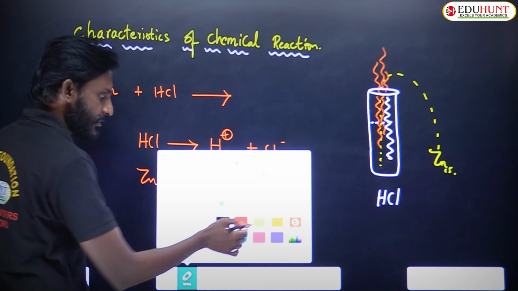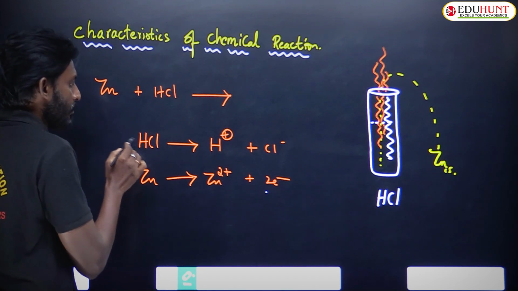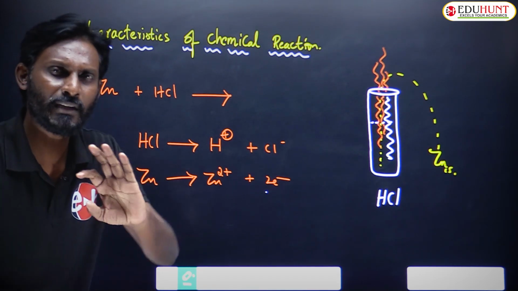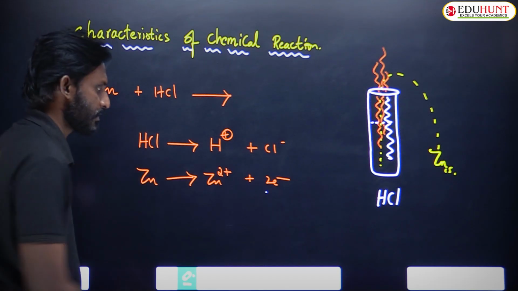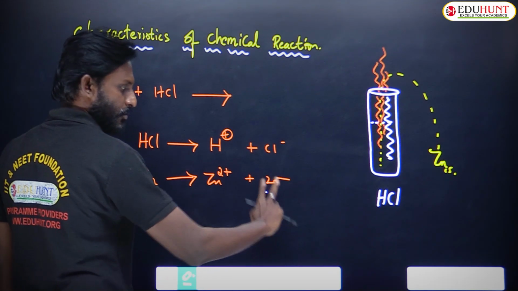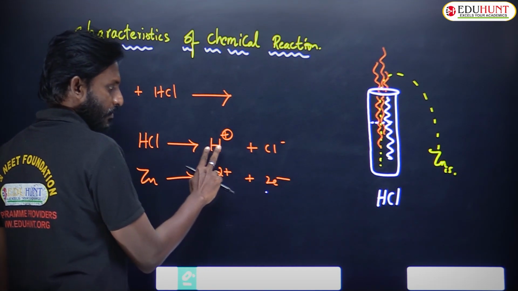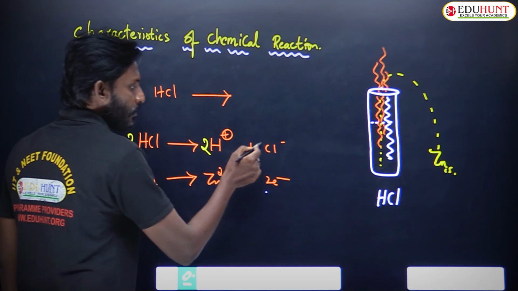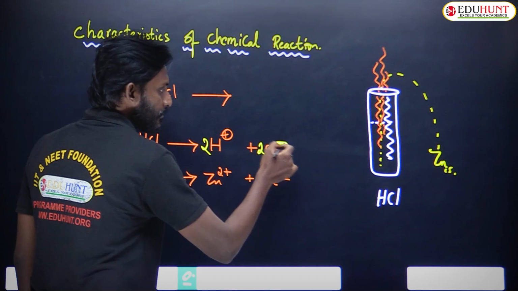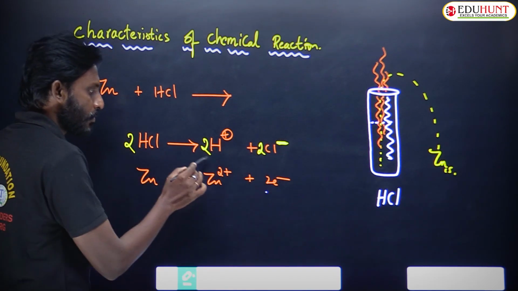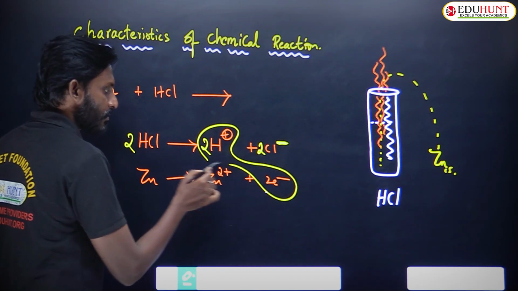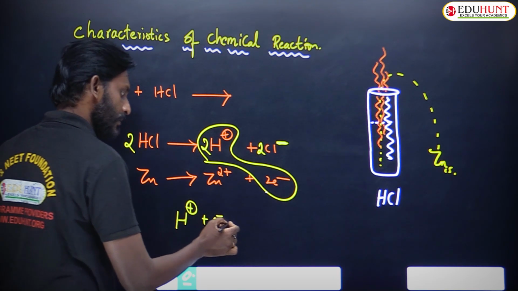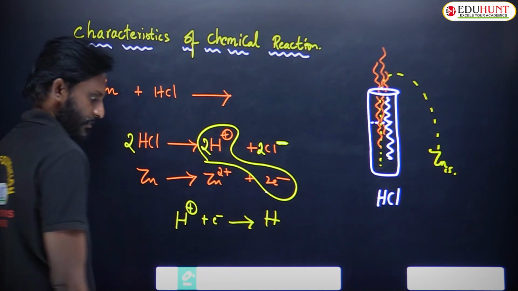Now when you take 2 HCl, think about the number of positive and negative species. Here 2 electrons, 2 negative particles, 1 positive particle. So you take 2 HCl, so that 2H plus, 2Cl minus. Now 2H plus, 2 electrons. If you take 1H plus, it will take 1 electron, you will get 1 H atom.